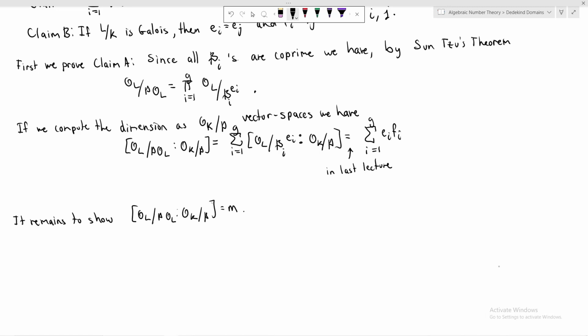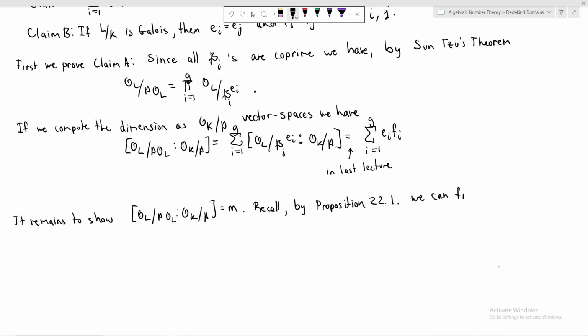So recall, if you go back to lecture 22, we had the following proposition, proposition 22.1. And what this says really is that we can sandwich O_L between two free rank m O_K submodules.